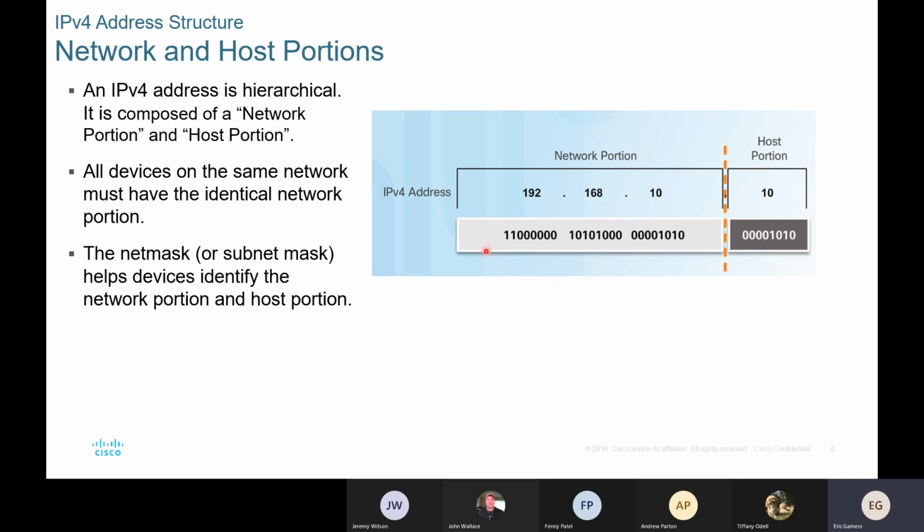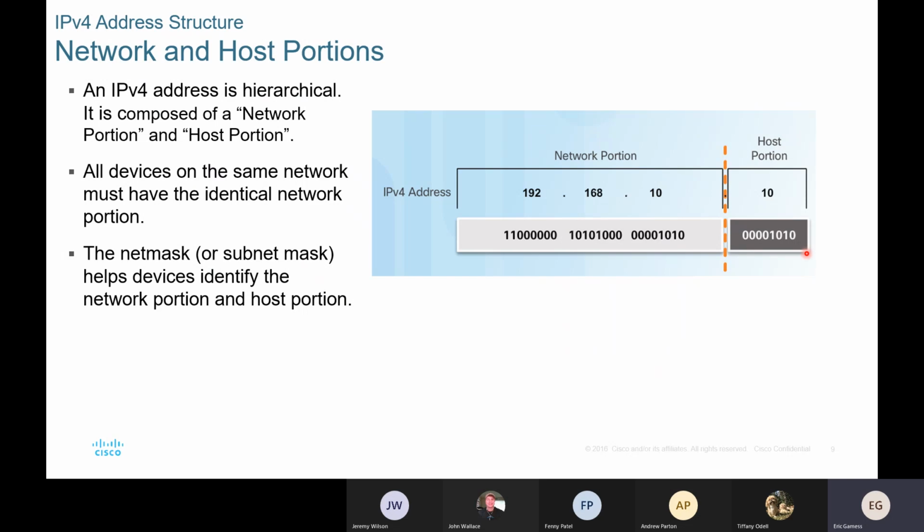This left part we are going to call the network portion, and this right part we are going to call the host portion. All the devices that belong to the same network have the same network portion. The network portion is common to all the devices that belong to the same network, but they will have a different host portion, so we can make the difference between one host and another host within the same network.